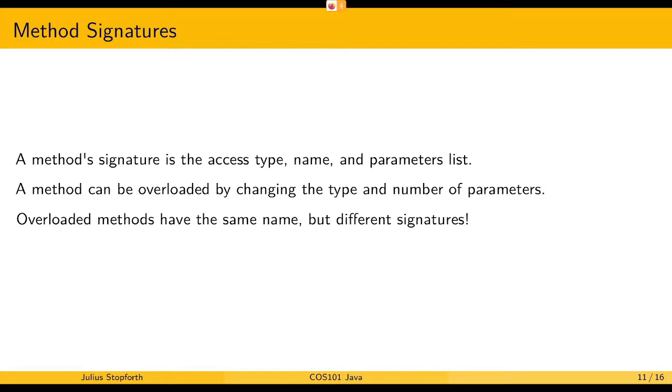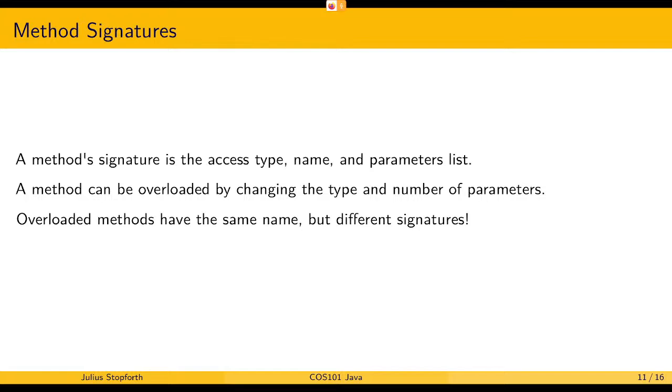As long as one or more of those three things are different, you can have multiple methods that are named the same, or multiple methods that have the same parameter, or multiple methods that have the same access type. But you can only have one method with a specific access type, name, and parameter list.